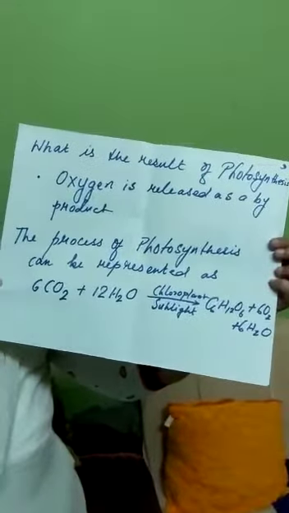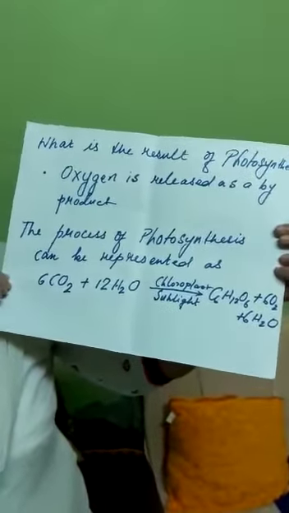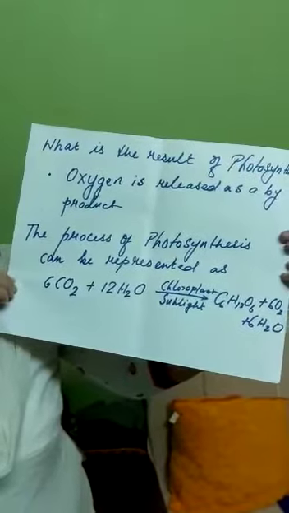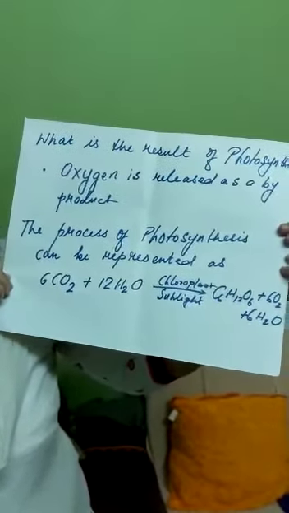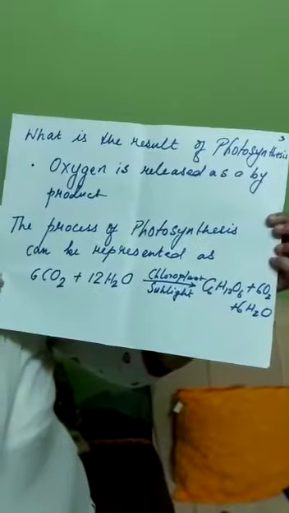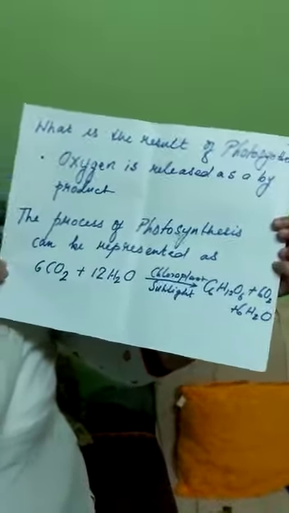I again repeat, 6 CO2 plus 12 H2O in presence of chlorophyll and sunlight gets converted into glucose, oxygen and water.